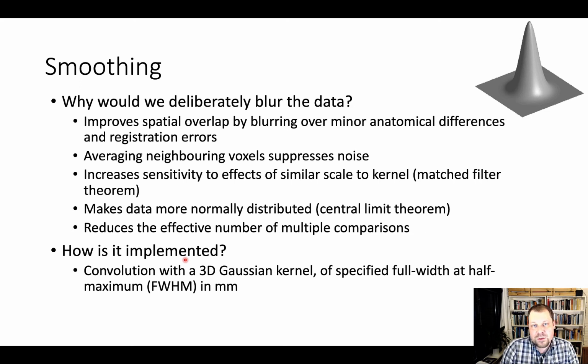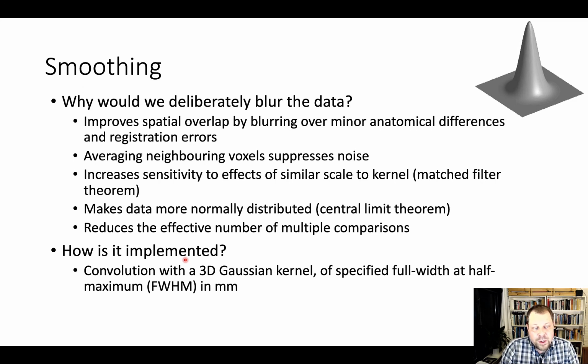So we have to make sure that we blur at a size, if you will, and we'll talk about the sizes in a minute, that is also of the same size as the expected activation. And here we will have some problems when we talk about cortical activations, which are typically rather large, versus subcortical activations, which are typically rather small. So we have to make some trade-offs there.